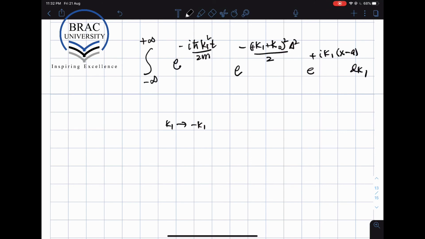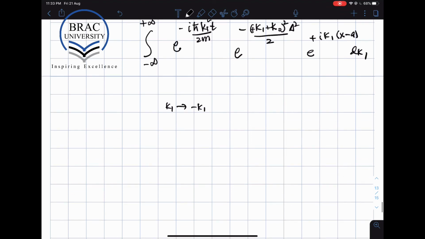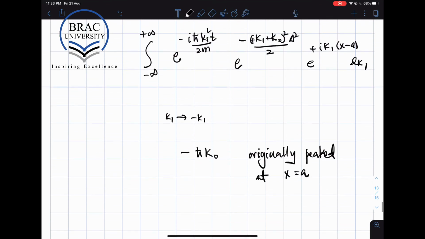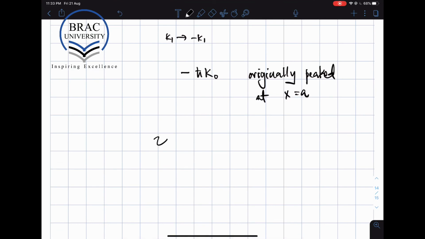We can now compare this with the previous integral that we did, and we find that it represents a Gaussian which is moving to the left with negative momentum h bar k naught, and which is originally peaked at x equals a. So we can write this as the reflected wave function.